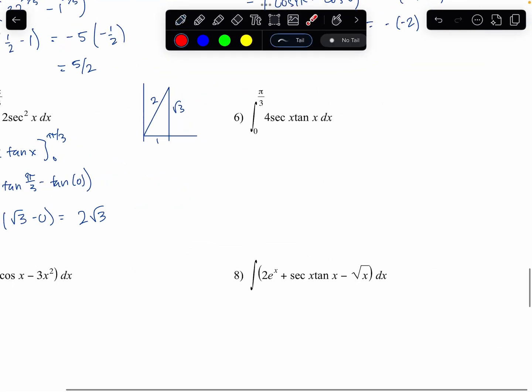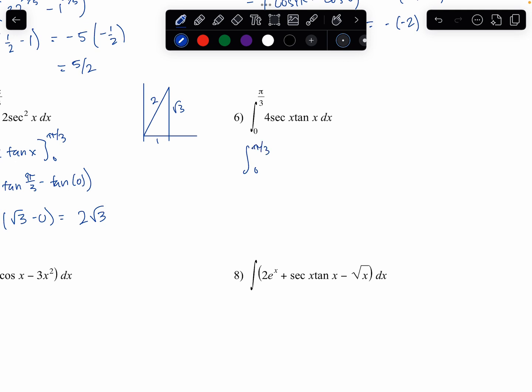Alright, the antiderivative of secant x tangent x is secant of x, so the integral from 0 to pi thirds is just 4 secant of x from 0 to pi thirds. And then plug in pi thirds, so secant of pi thirds minus secant of 0.